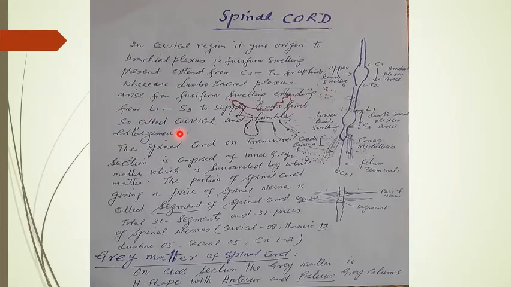These are the so-called cervical and lumbar enlargements. Upper is cervical, lower is the lumbar enlargement.